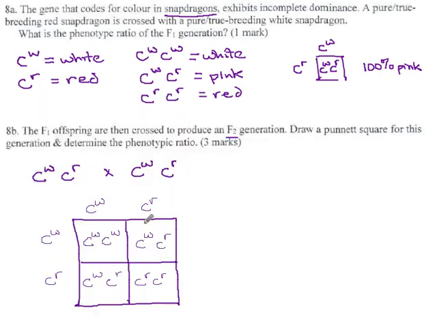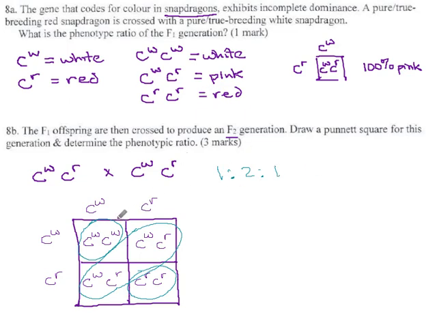And this is what we sometimes call 1 to 2 to 1. We get one white snapdragon here. There are two cases in the middle where we get pink again, and we get one red. So if you see phenotypic ratio 1 to 2 to 1, that's a common thing to see.